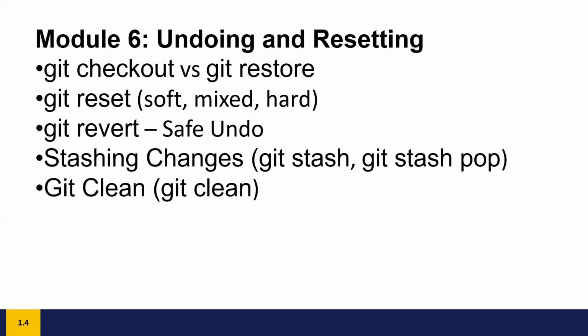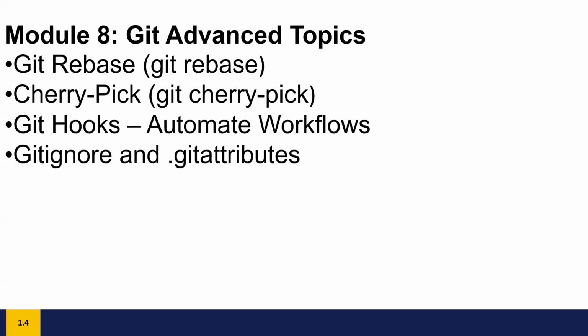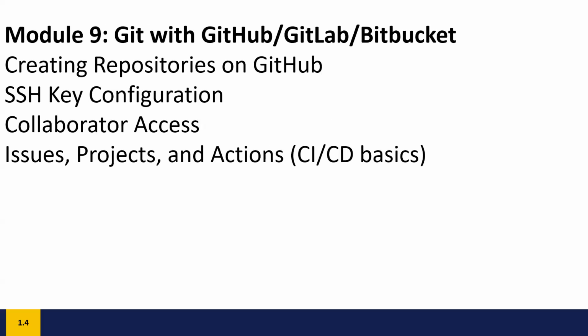Upstream repositories, undoing and resetting: how we can checkout, restore, reset, revert, stashing, git clean. We'll discuss tags and releases, and advanced tools: git rebase, git cherry-pick, git hooks, gitignore, and git attributes. Git with GitHub, GitLab, Bitbucket: creating repositories, SSH configuration, collaborator access, issues, projects, and actions.